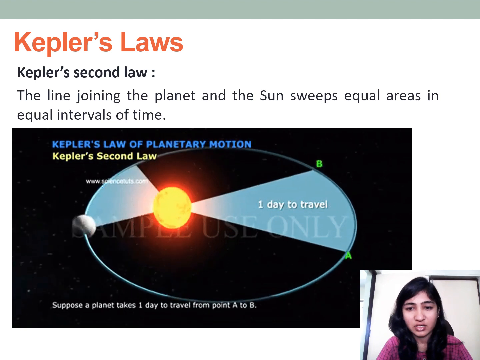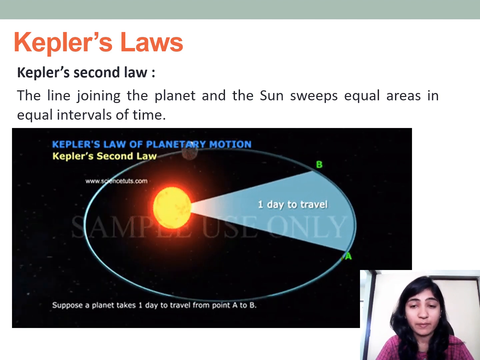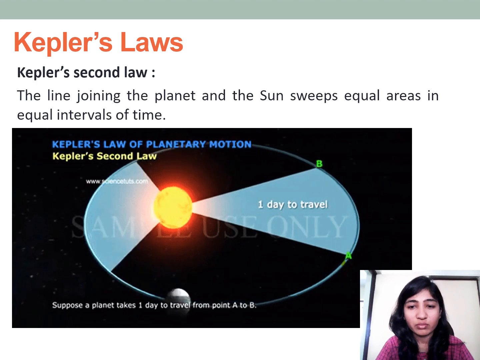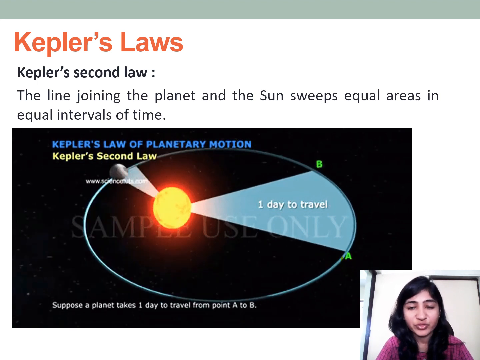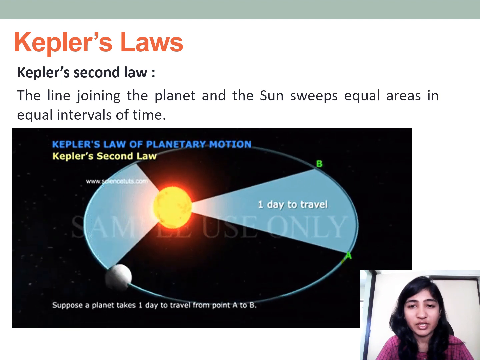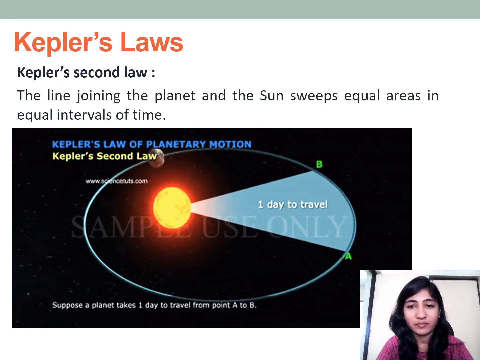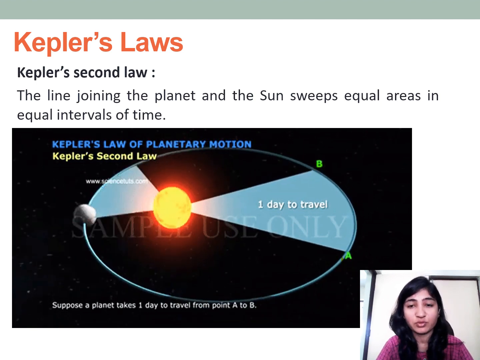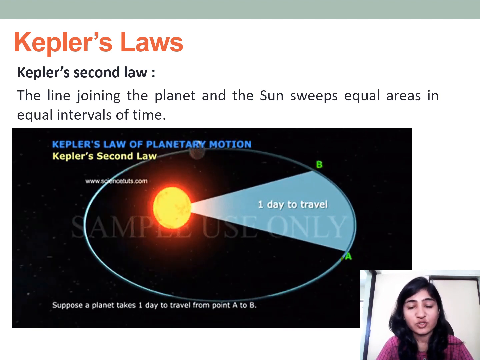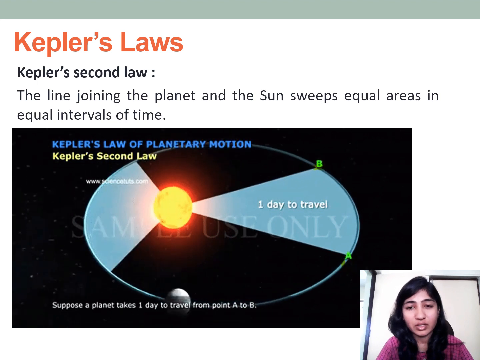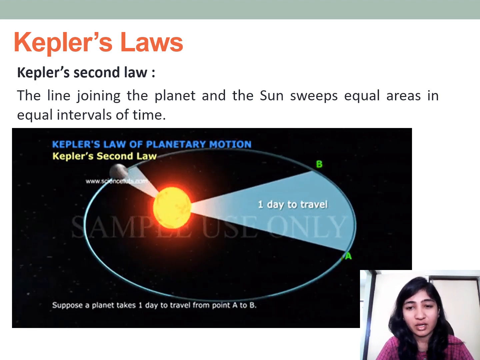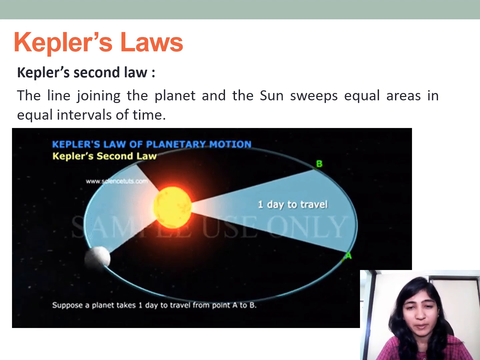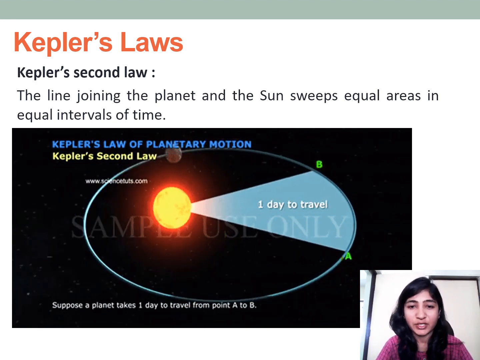The line joining point A to the sun sweeps the area up to the line joining the sun and planet at point B, the second position of the planet. The area under the arc AB is the area swept by the planet.